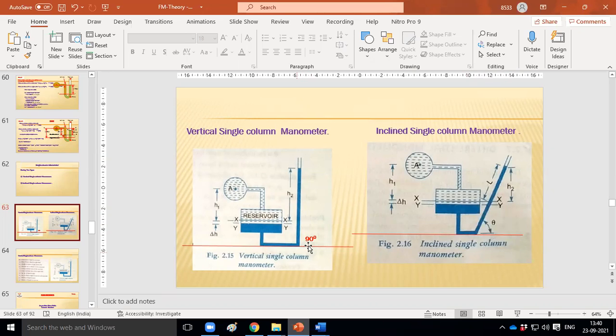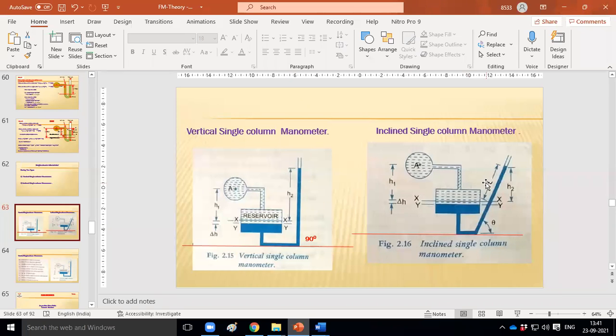What is the angle with respect to horizontal on the left side? 90 degrees. This 90 degree angle represents the vertical single column manometer.